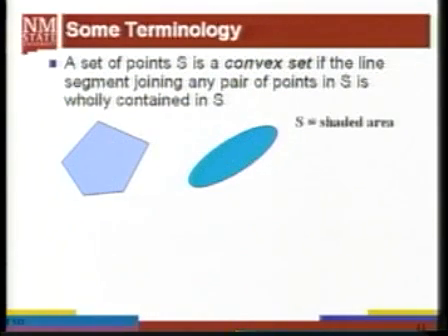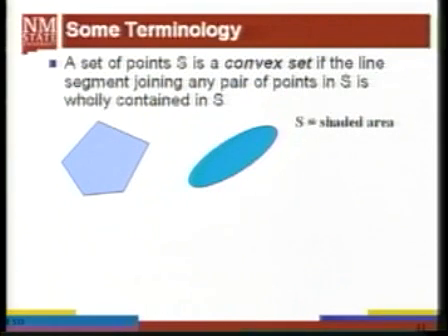So let's assume that S represents the shaded area in these figures. Okay? Then which one is convex? Both? Which one is convex? Second one? What about the first one?